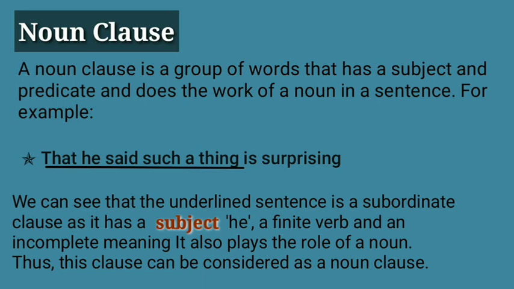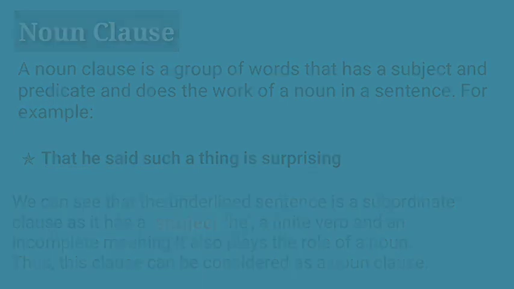The underlined part is a subordinate clause, as it has a subject, he, a finite verb, and an incomplete meaning, because it is not stating a complete thought. It also plays the role of a noun, thus this clause can be considered a noun clause.